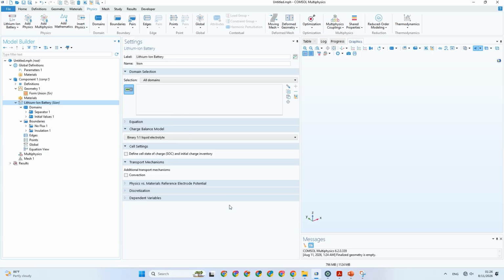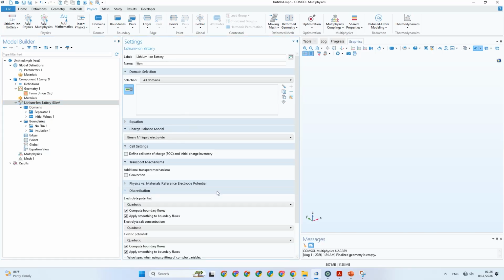And here we have many properties that we must check all of them.